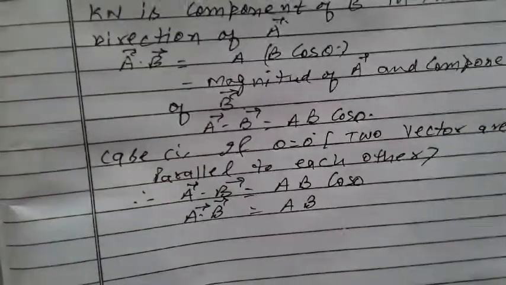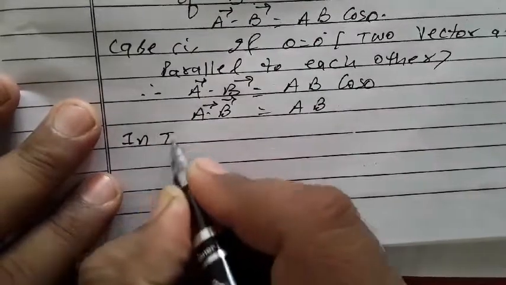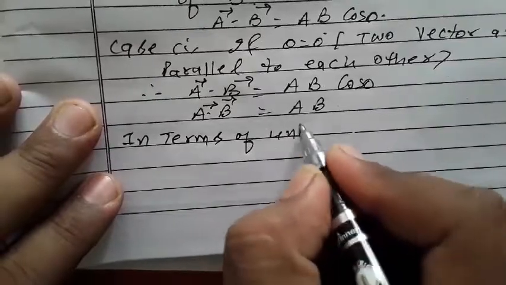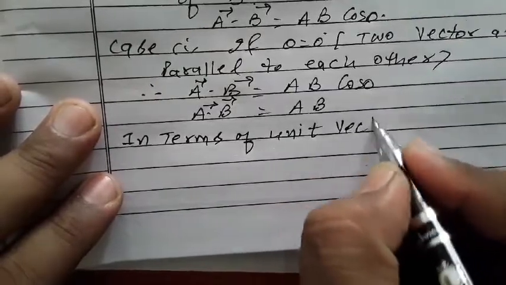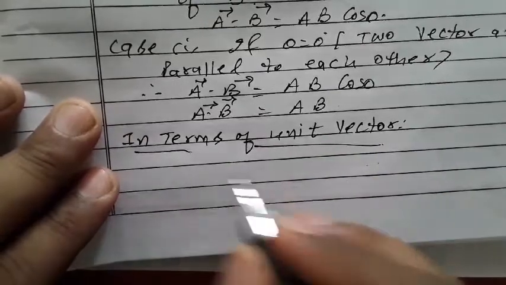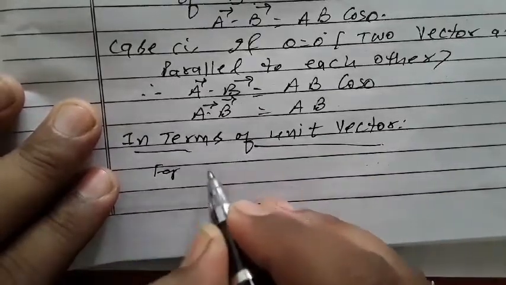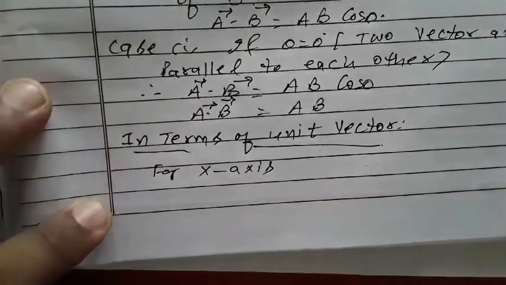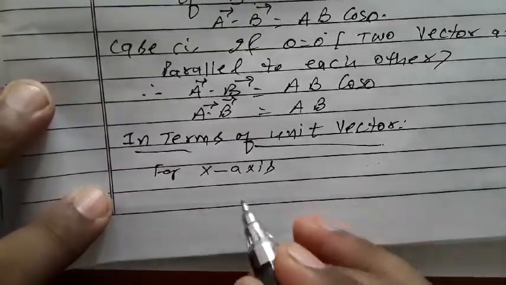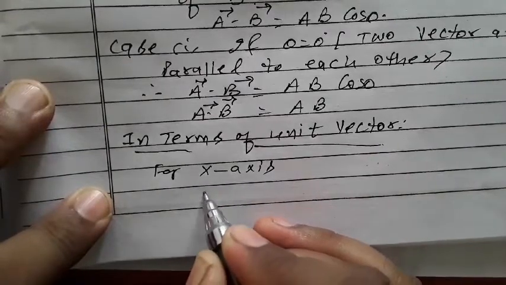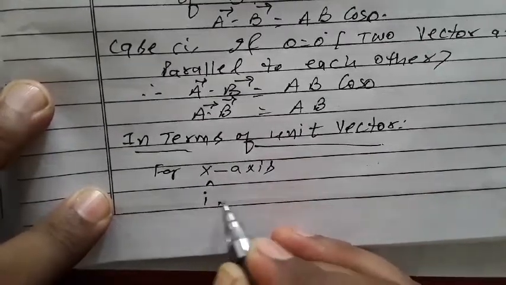Now, in terms of unit vectors, this is a most important topic. For the x-axis, if the two vectors lie along the x-axis, then the unit vector along the x-axis is i cap dot i cap.